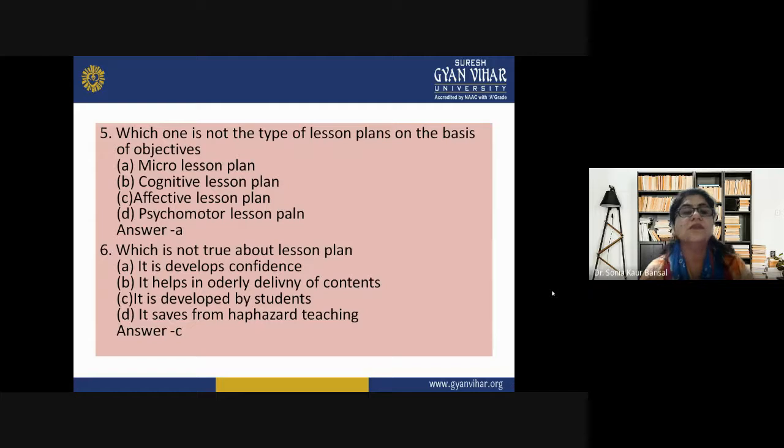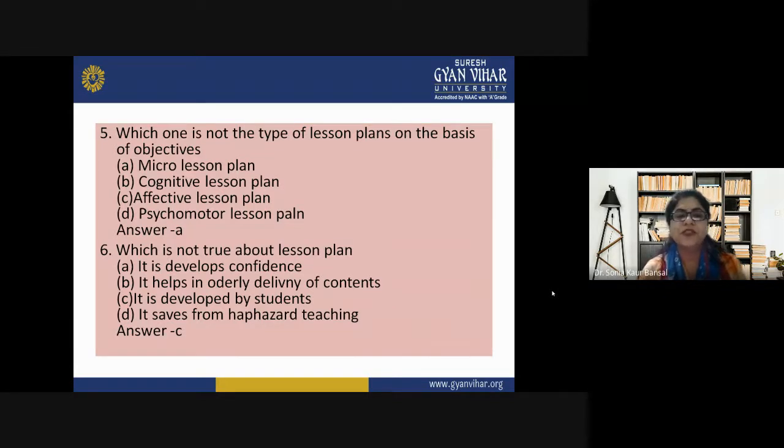So the correct answer is micro lesson plan, because the reason is that this is the type of lesson plan which is based upon teaching skills, not teaching objectives. But the other types of lesson plans, which are cognitive, affective and psychomotor, are based particularly on some set educational objectives. All right, students. So the correct answer is A, micro lesson plan.